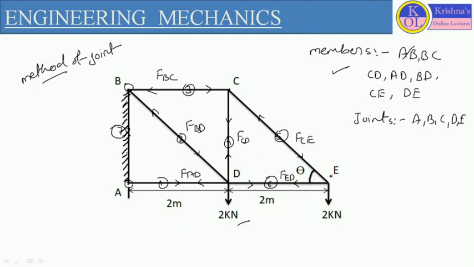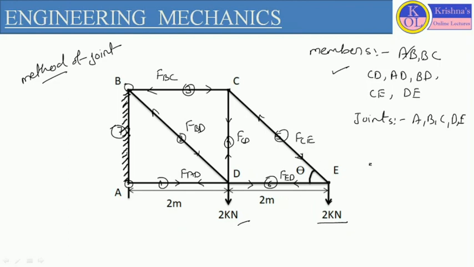But one thing you have to remember: whichever joint you prefer first for the force analysis, that joint should have the maximum number of known values. External loading is given, so it is a known value, as is the axial loading acting on each member.